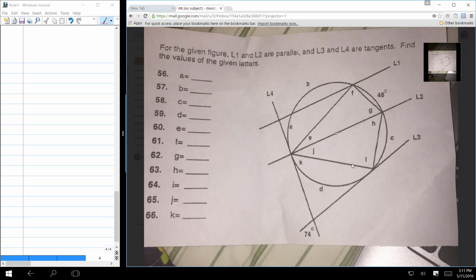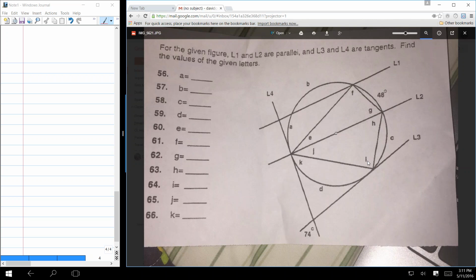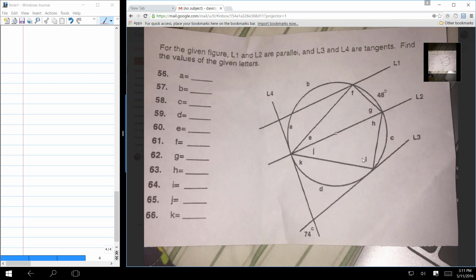We're talking about this angle right here, F. It is 90 for two reasons. If you inscribe a triangle inside of a semicircle, it's always a right triangle. So for the same reason, I is also 90. F is 90 and I is 90.